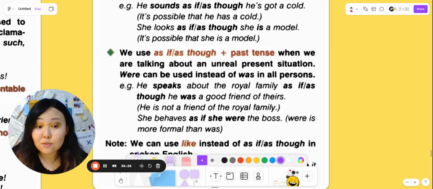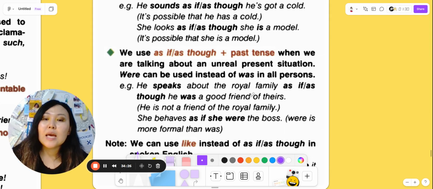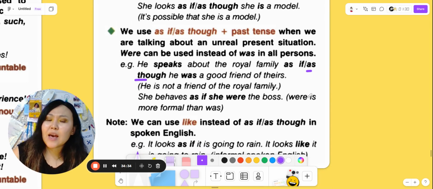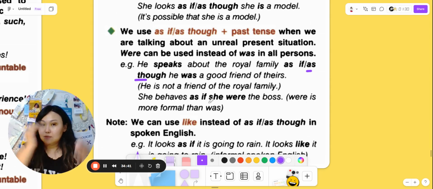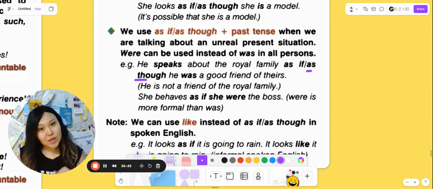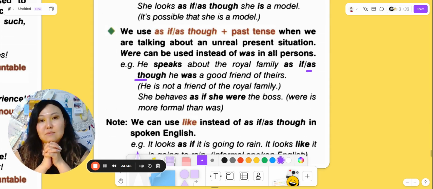So he's not a friend of the royal family. Or he speaks about the royal family as though he was a good friend of theirs. Next one. She behaves as if she were the boss. Were is more formal than was. So it's about now, but we're using past tense. Okay.